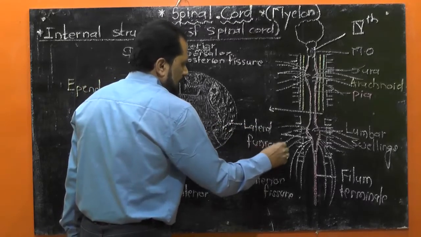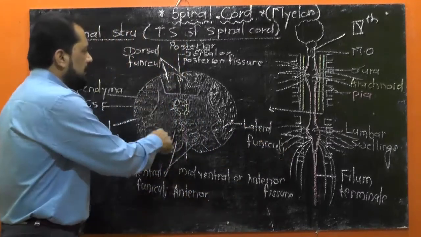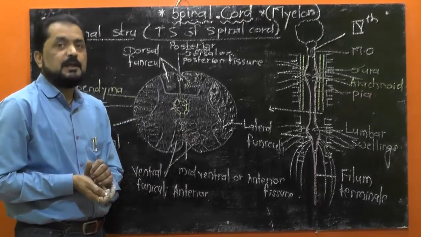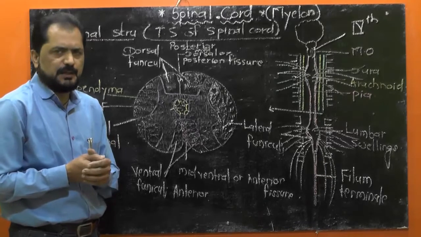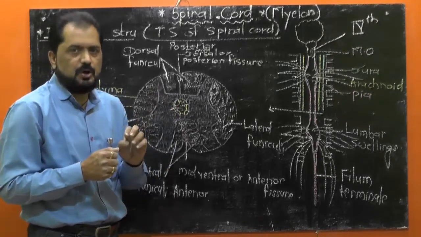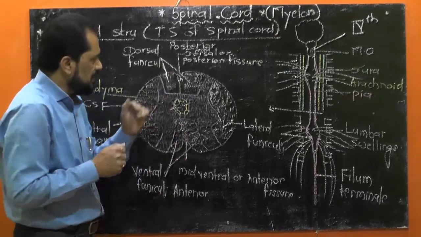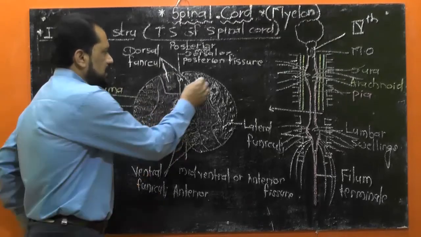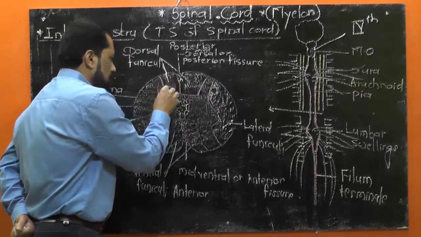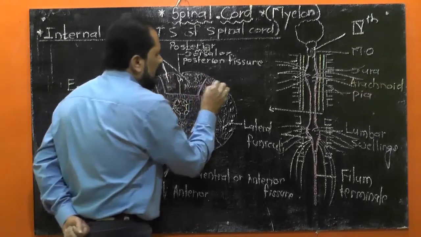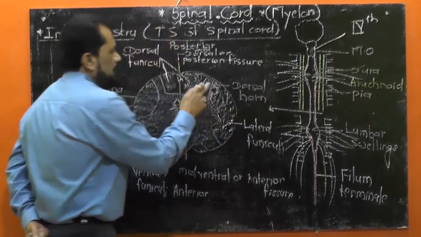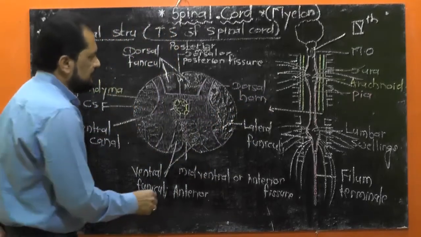Now, I said that the grey matter appears butterfly shaped or capital H shaped, and that's why it shows 3 pairs of horns or projections. See, here are 2 projections towards the dorsal side known as dorsal horns, pair of dorsal horns.